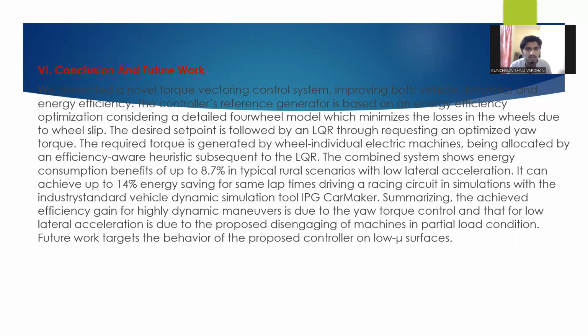The required torque is generated by the individual electric machines, being allocated by an efficiency heuristic subsequent to the LQR. The combined system shows energy consumption benefits of up to 8.7% in typical rural scenarios with low lateral acceleration. It can achieve up to 14% energy saving.